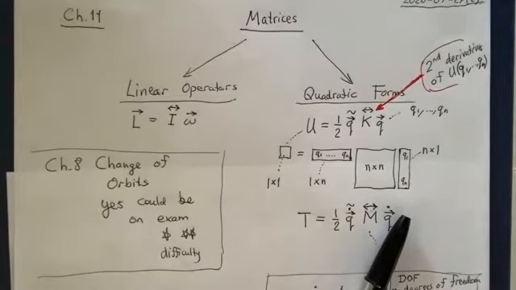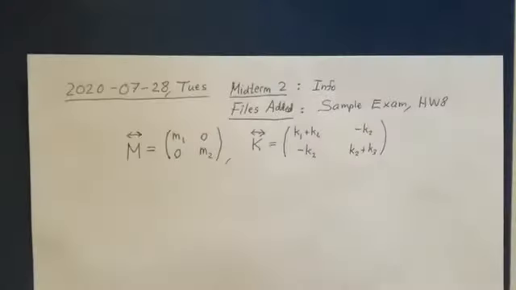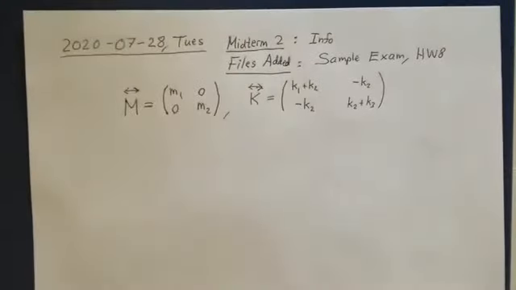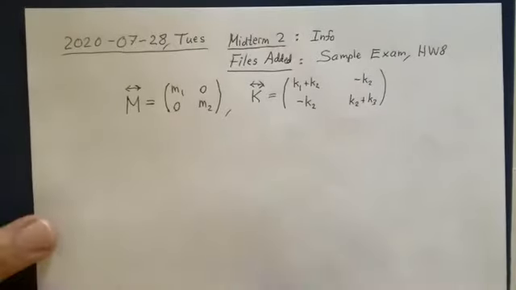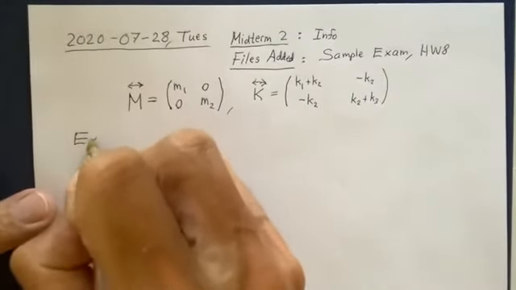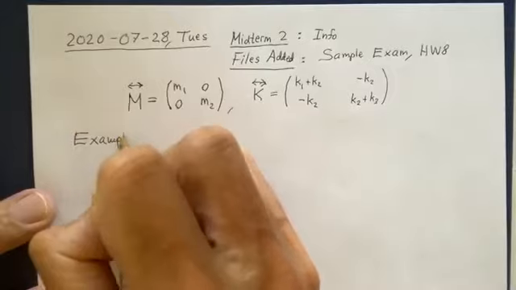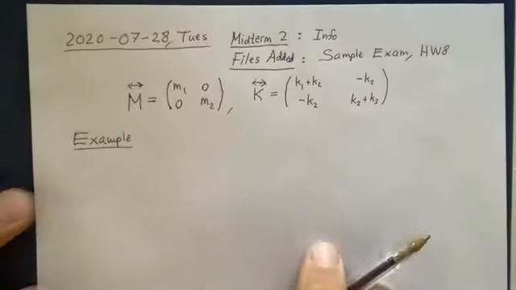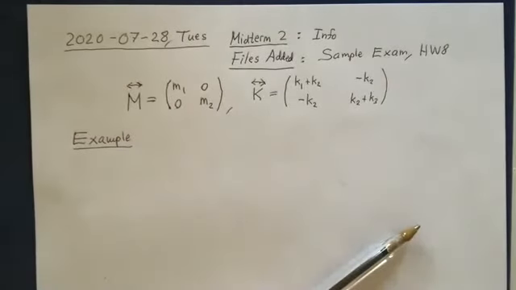We'll work through a fun example here to see how this works. Okay, so here's a fun example. This is an example having to do with the subject of simultaneous diagonalization.